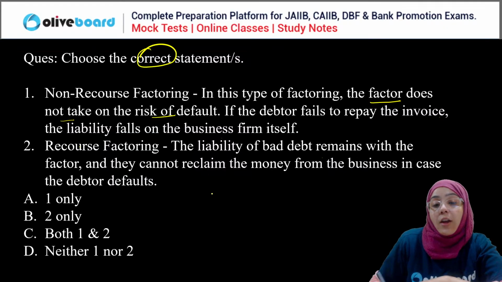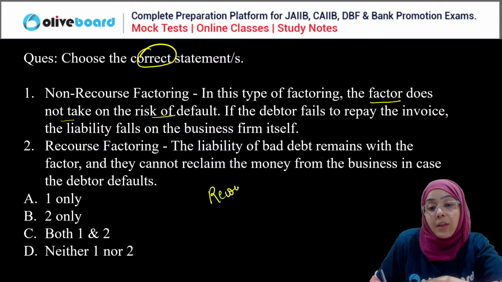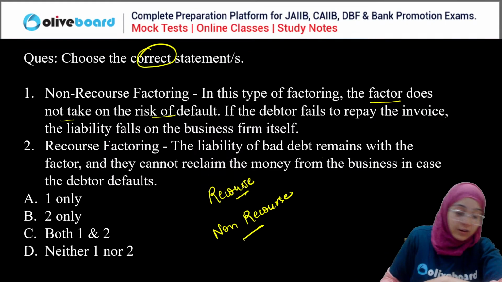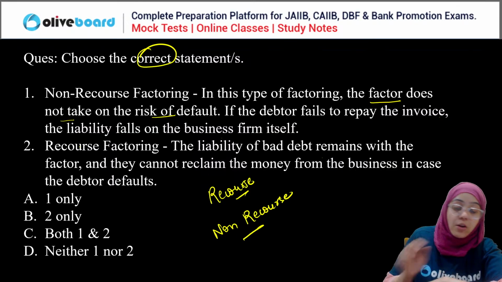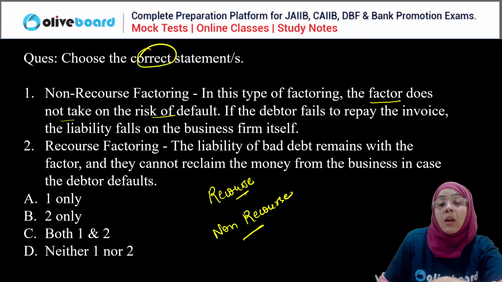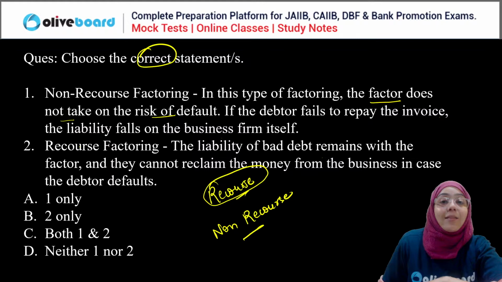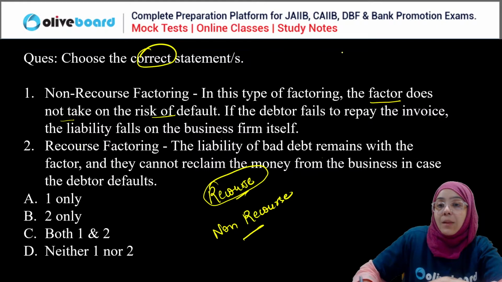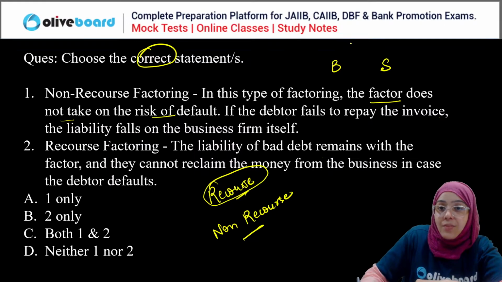See, when we are talking about the recourse term and the non-recourse term, you are all confused with the very first question. This is not expected from all of you, right? And none of you have answered. Recourse factoring means, for example, there is a seller, a buyer, and this is the factor.